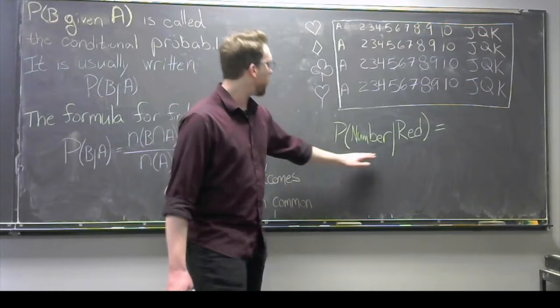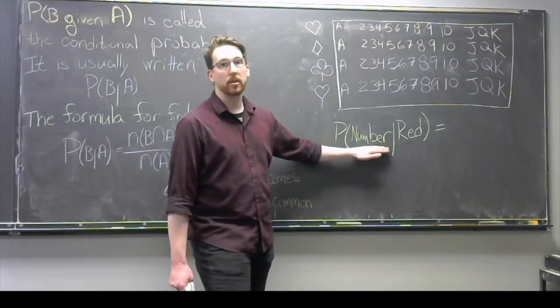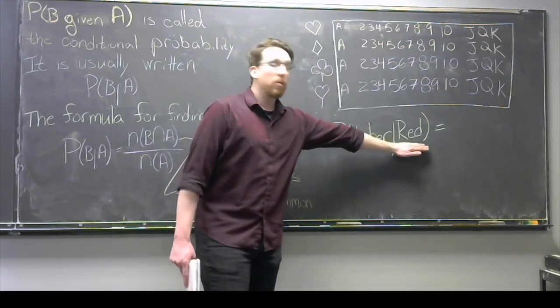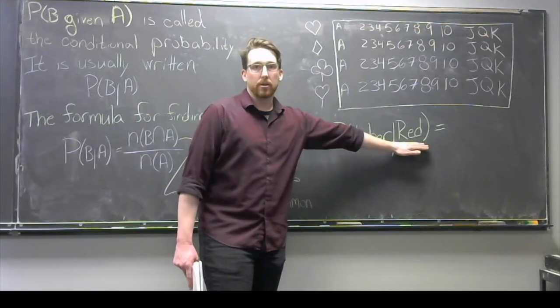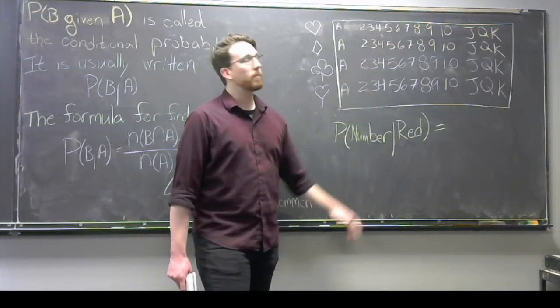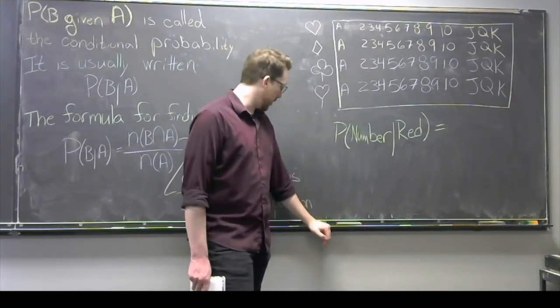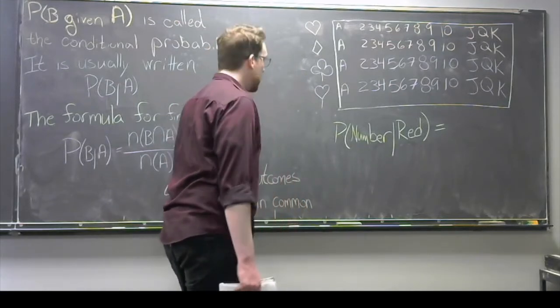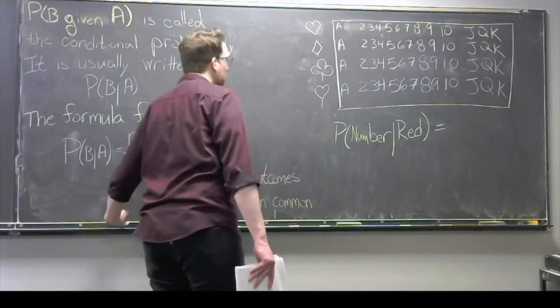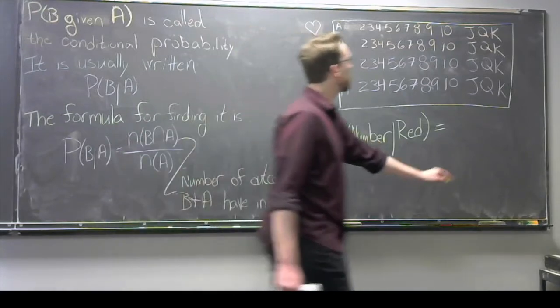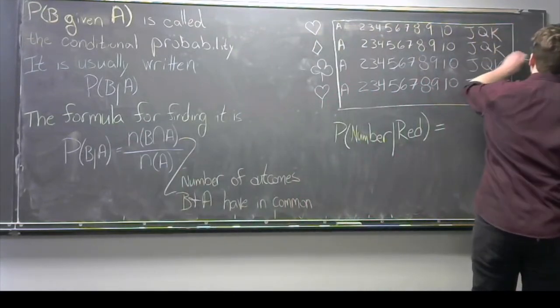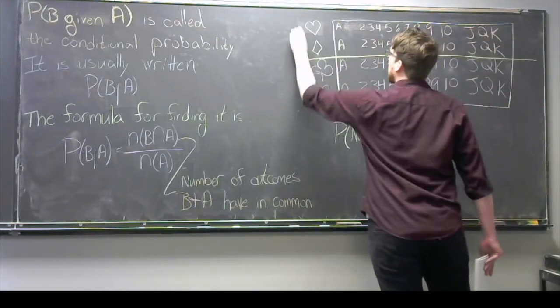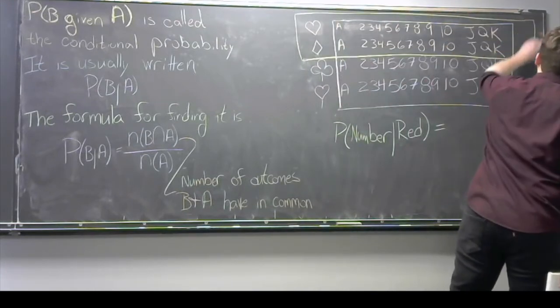We want to know what the probability of pulling a number card is, given we restrict ourselves to red cards. So I've got this deck above me. We can see really quickly, restricting ourselves to just red cards restricts us to just these up here.